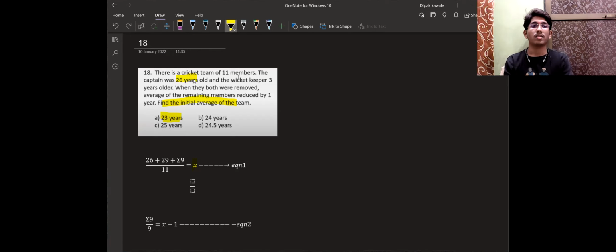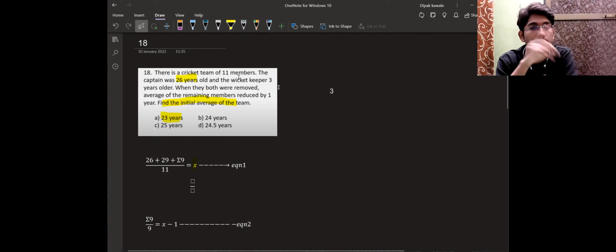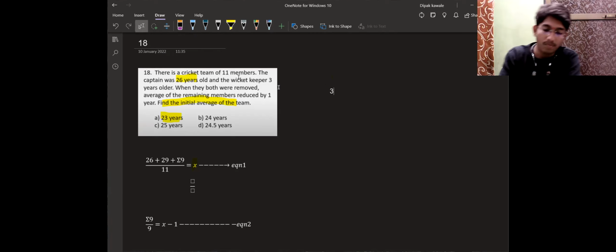That means it is 3 more than the average. And the wicket keeper's age is 29. That means it is more. How much more than the average? 6.